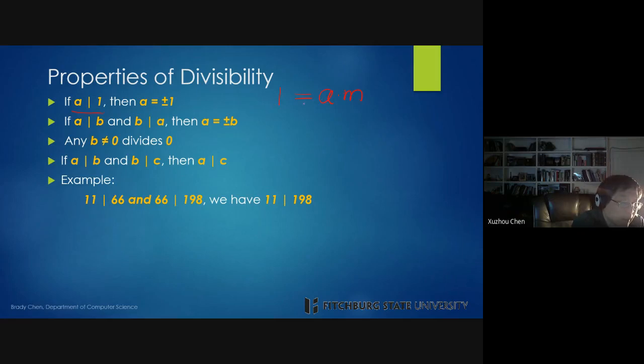That means 1 can be written as A times some number M. So in this case, A has to be either 1 or -1, and M must also be 1 or -1, because you cannot split 1 into a smaller factor.